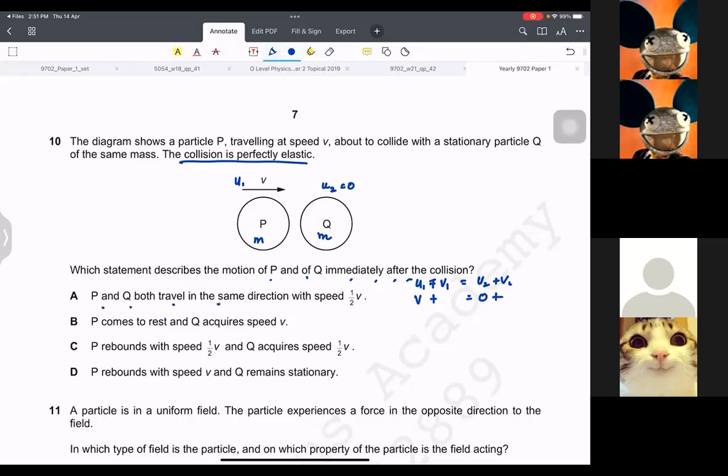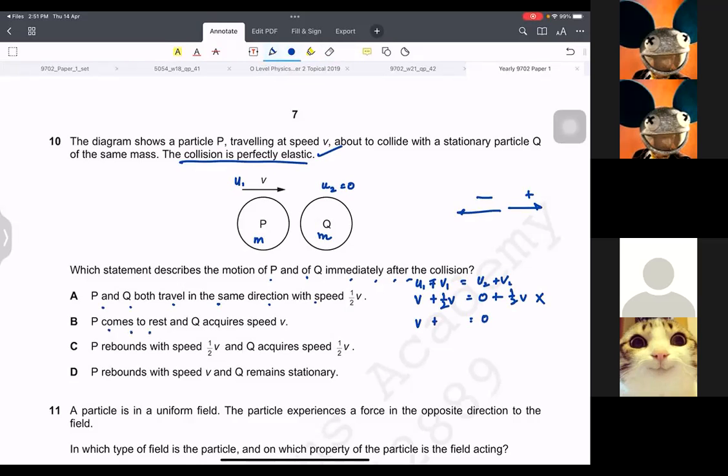P and Q both travel in the same direction at half V. So let's take this as positive, let's take this as negative. So half V plus half V. This is not correct, because if it is elastic, then it should show you the right equation. This is 0, then again, U1 was V, and this was 0, now check.